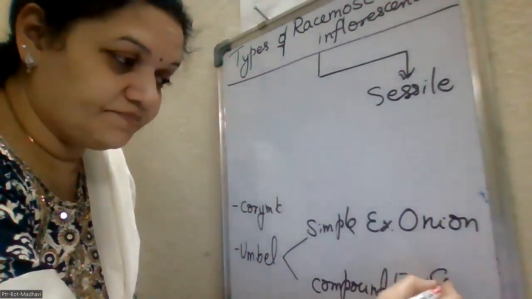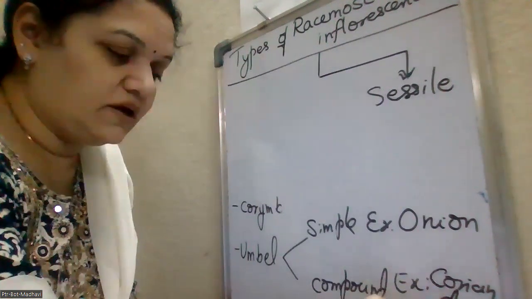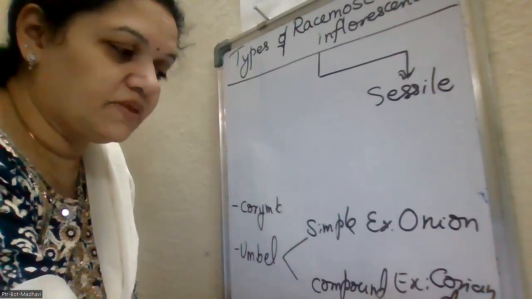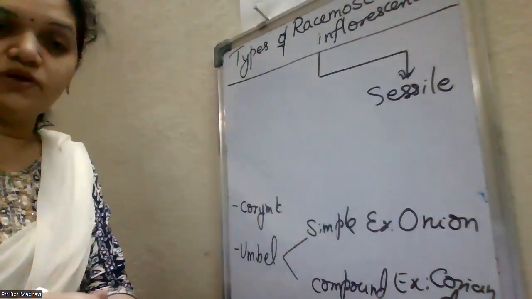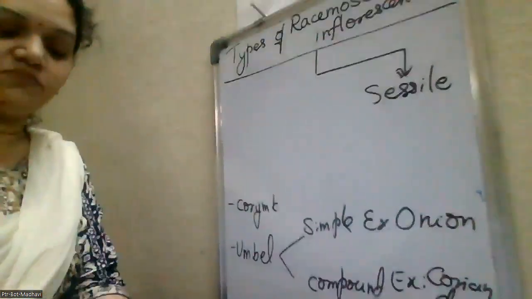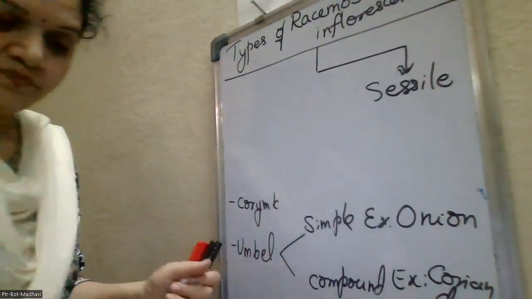coriander, and Apiaceae family members. Carrot, Daucus carota. Apiaceae family members. This is the one for the umbel. Okay.